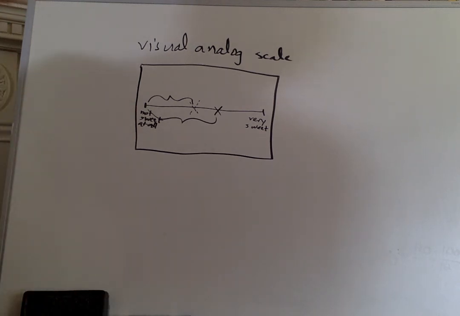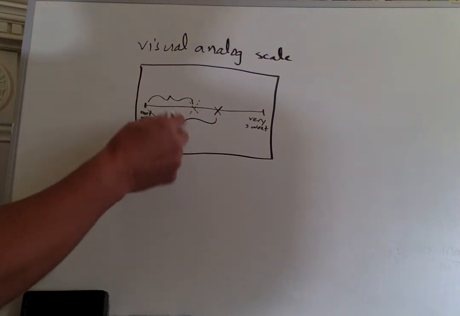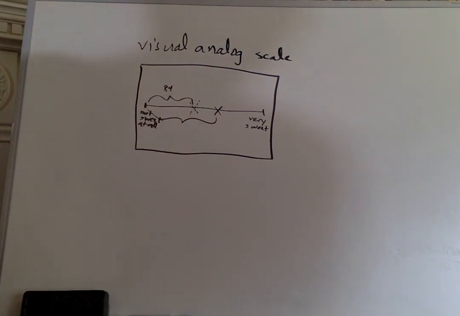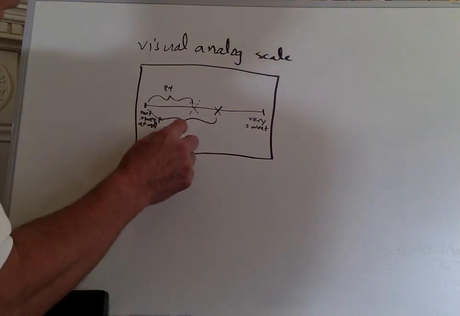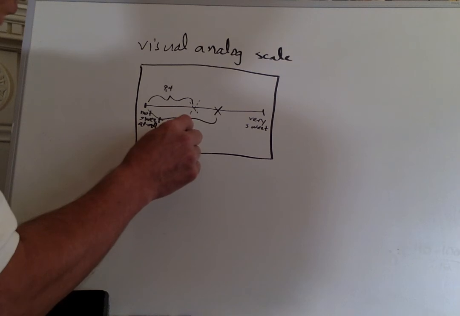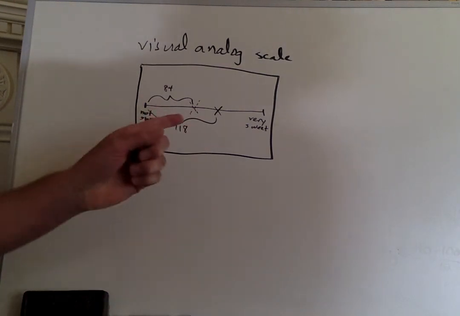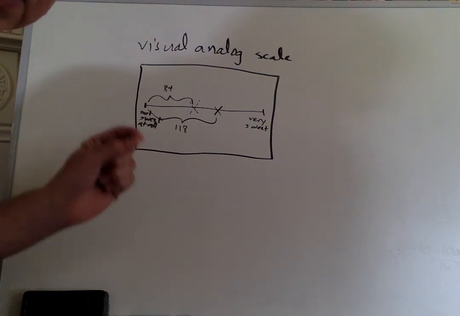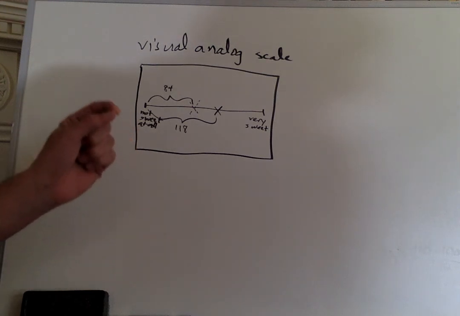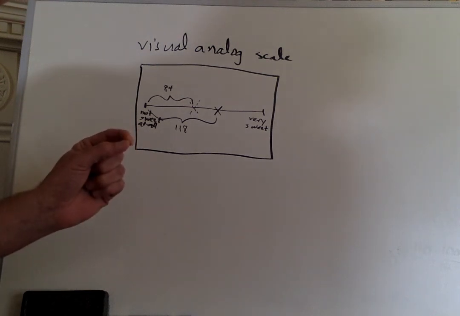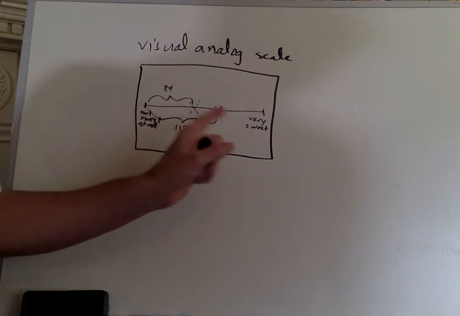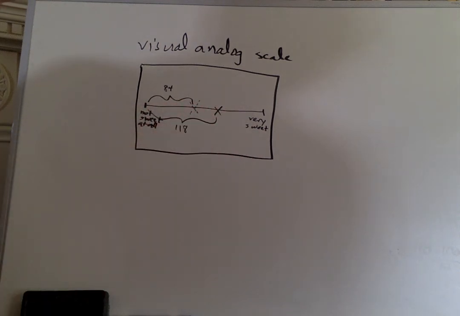So this person may say that they're at a sweetness rating of 84, and this one may be at a sweetness rating of 118 or something like that. That is millimeters. But the larger the number, the sweeter the person is indicating the solution to be. Okay? So the larger number means it's closer to the sweet.